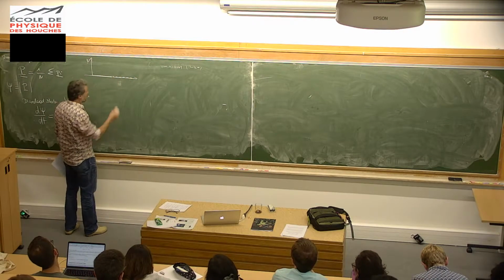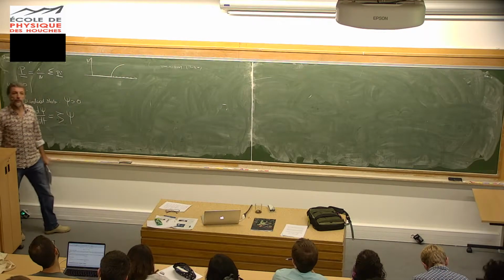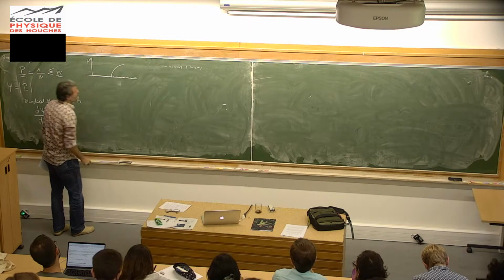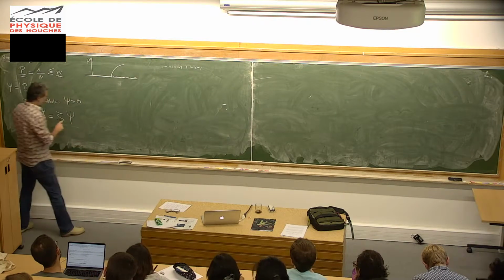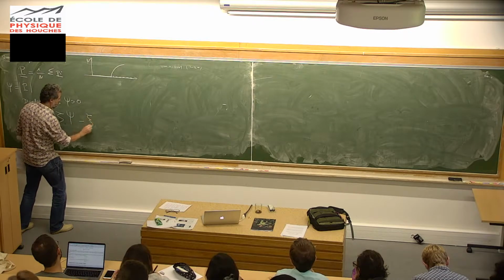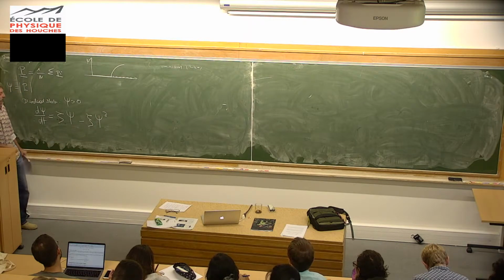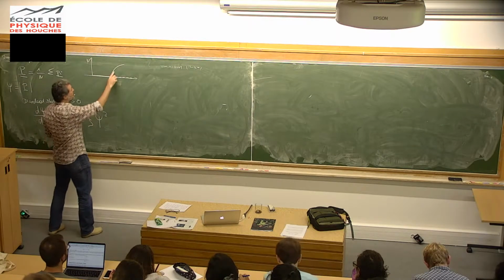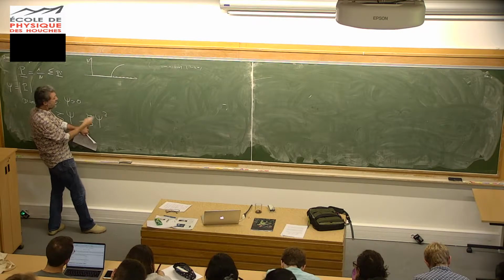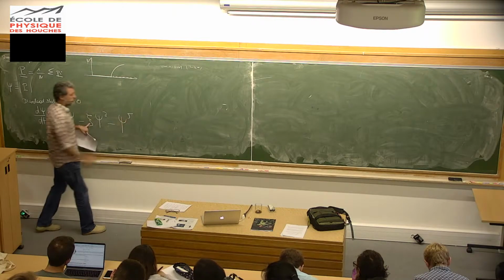You can bifurcate and have a nice continuous transition here. Then, depending on the sign of the next term that is tolerated by symmetry, you can have this saturation, but if this is negative, you will need another term.